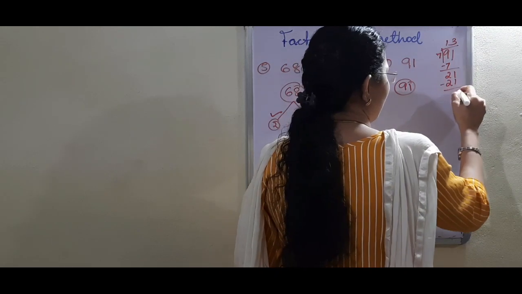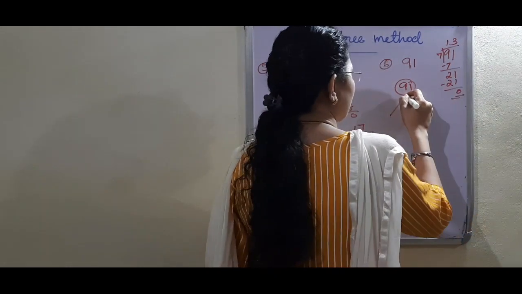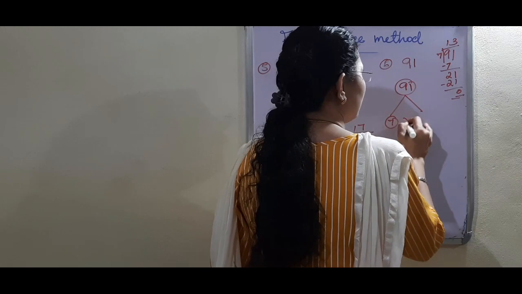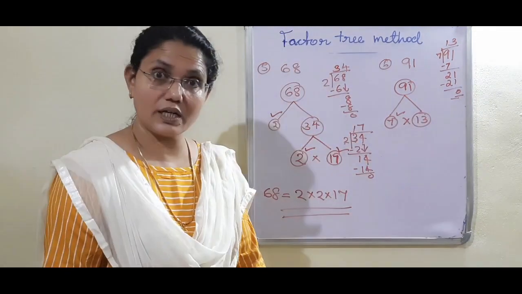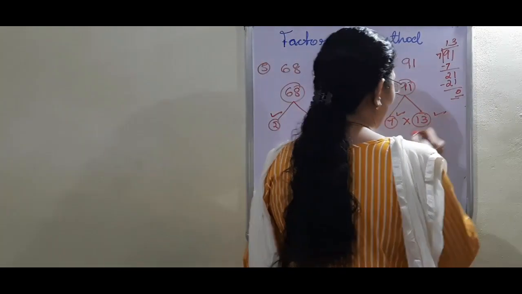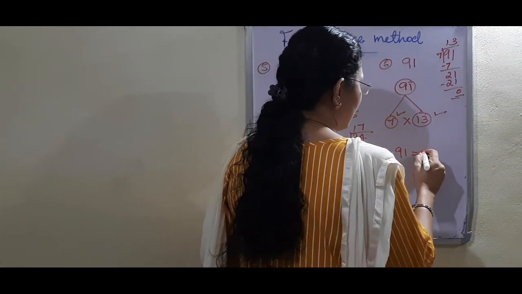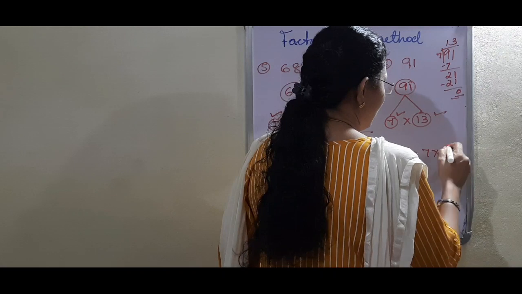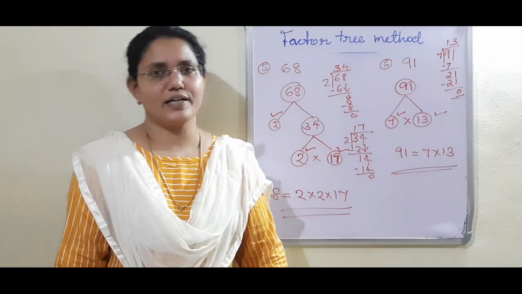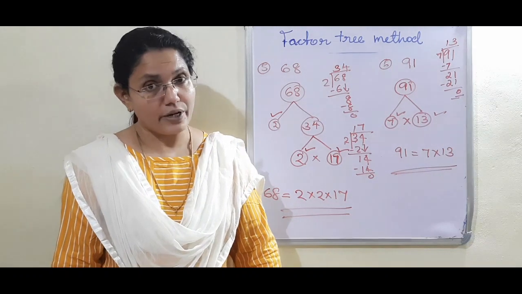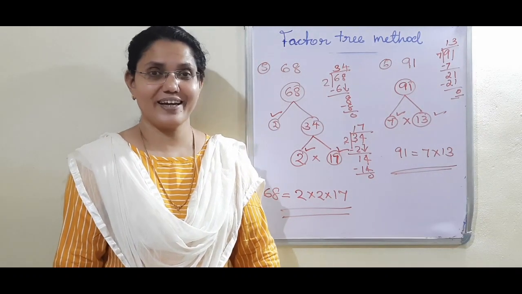Remainder 0. So 7 is a factor, and the other factor is 13. Now you know 7 is prime. What about 13? It is also prime. Therefore, the prime factorization of 91 is 7 into 13. Dear children, all of you learn it very well and practice some more questions. Okay, thank you.